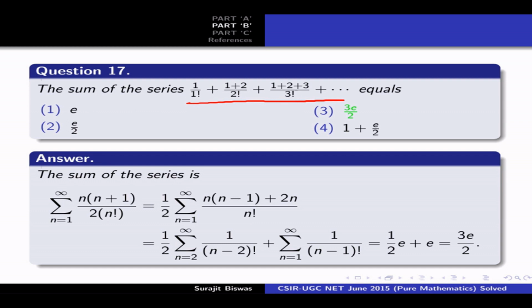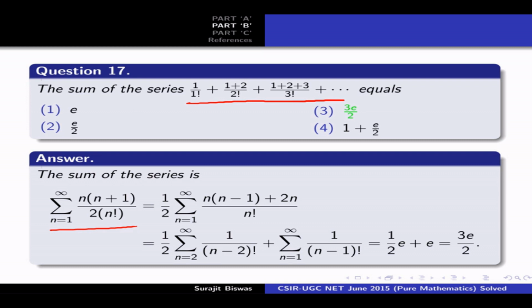So therefore the sum of the series is the sum n equal to 1 to infinity of n times (n plus 1) by 2 times n factorial, and now we want to adjust the upper part so that we can simplify this sum. For that, we first want to write n times (n plus 1) as n times (n minus 1), and then adjust with plus 2n, divided by n factorial.